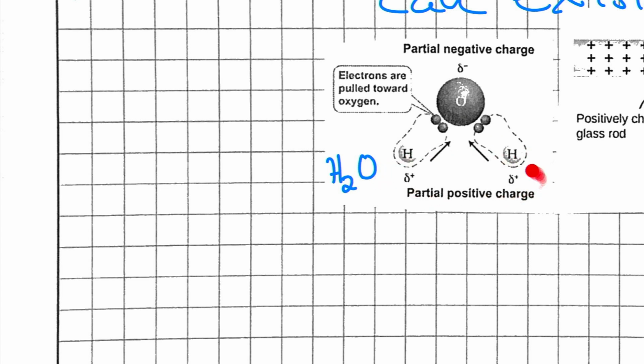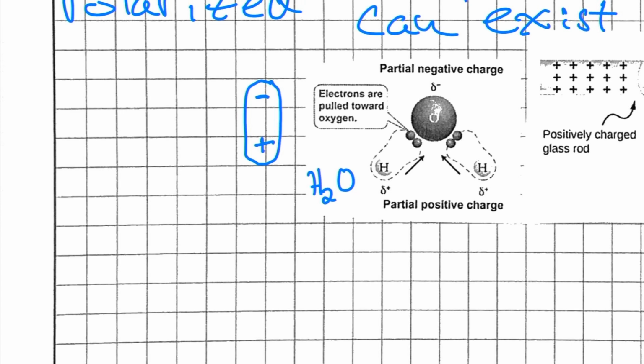So this side of the molecule has kind of a net positive charge, and this side of the molecule has more of a net negative charge. So if we wanted to, we could think of this atom as being like this, where this side would be more negative, this side would be more positive, and we would say that water is a polar molecule.